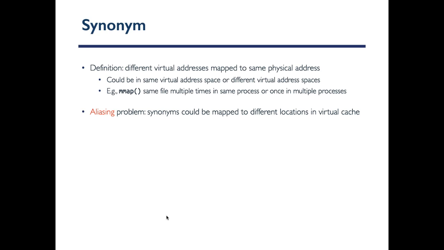If I have two different virtual addresses mapped to the same physical address, I may cache it twice because they both have different virtual addresses. And then let's say I write to one of them. How does the cache know that it has to also update the other copy? Because there might be two copies.